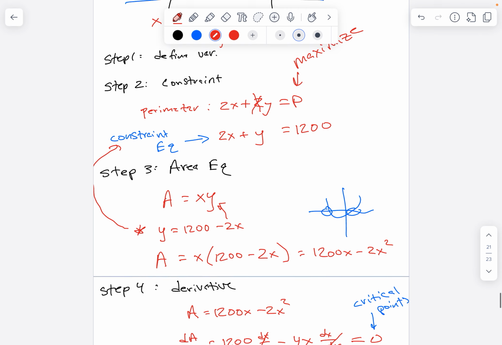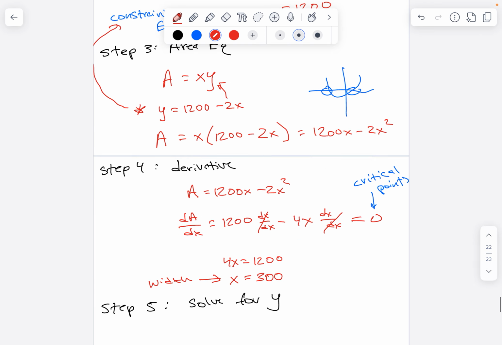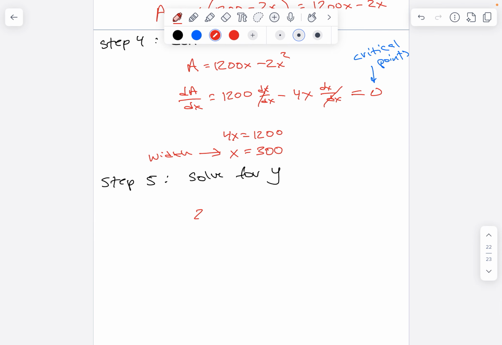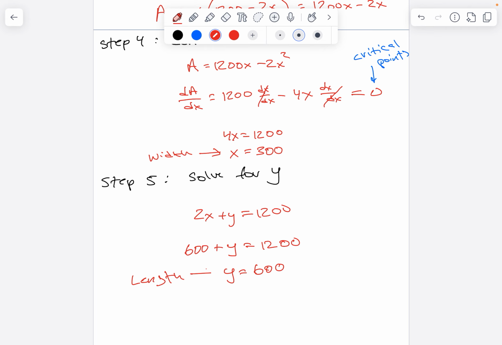Our constraint is 2x plus y is 1,200. We know x is 300, so that makes this 600 plus y is equal to 1,200. y is equal to 600, and that is our length. And remember the units.